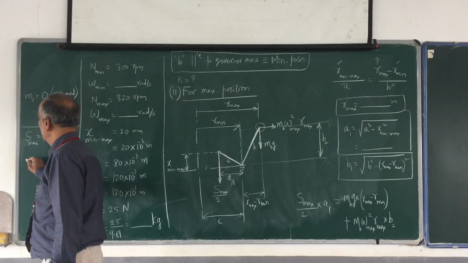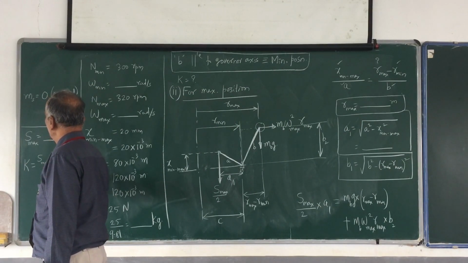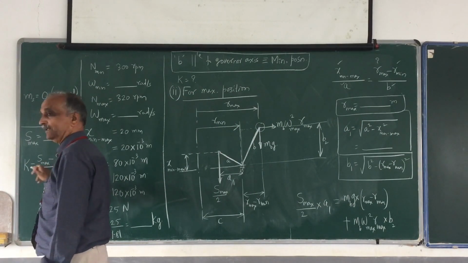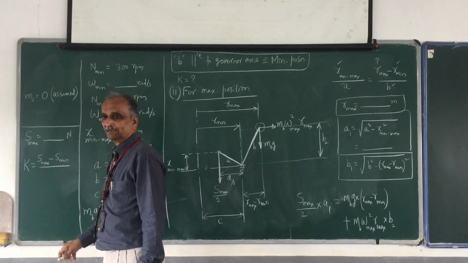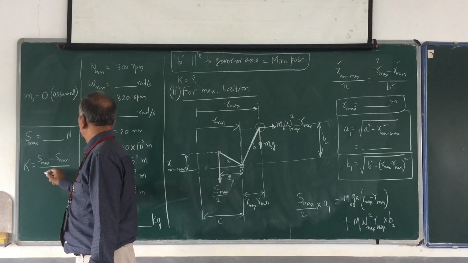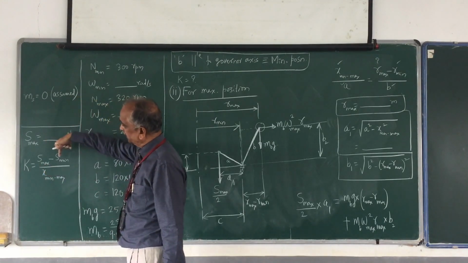the stiffness. So stiffness is equal to S max minus S minimum divided by the displacement of the spring between minimum and maximum, that is nothing but the X min max. If this is in Newton, this also is in Newton.